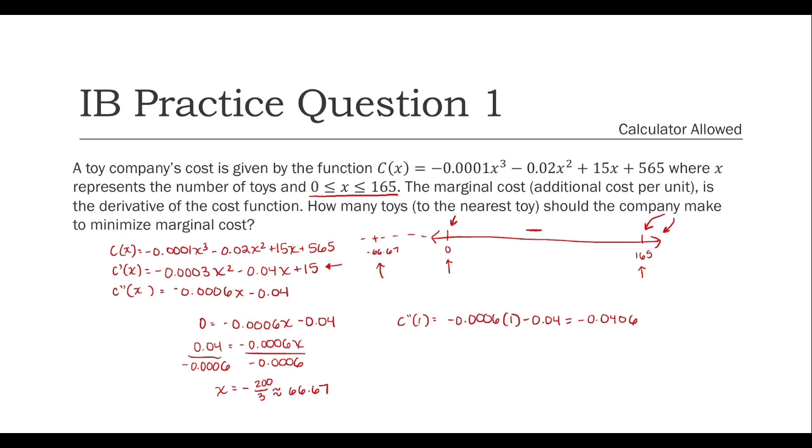So in order to minimize marginal cost, the company should make 165 toys.